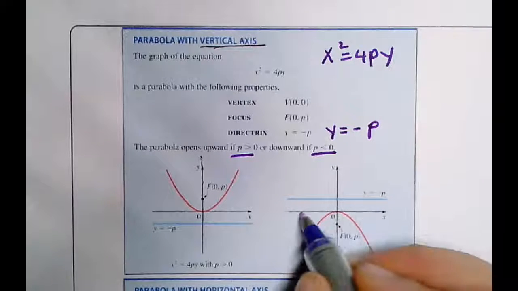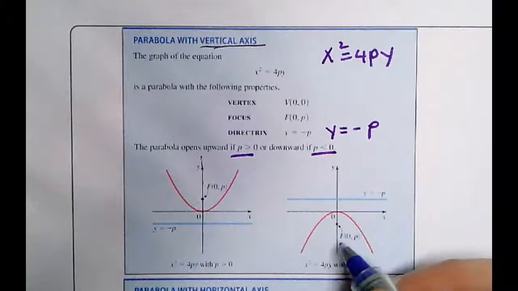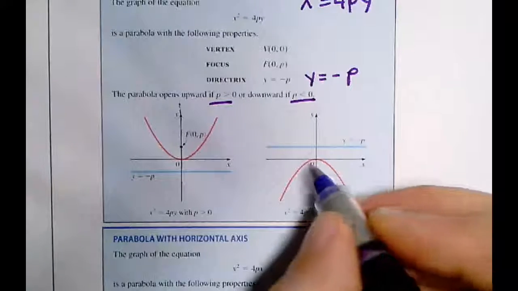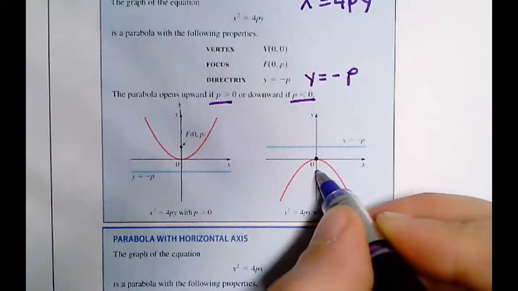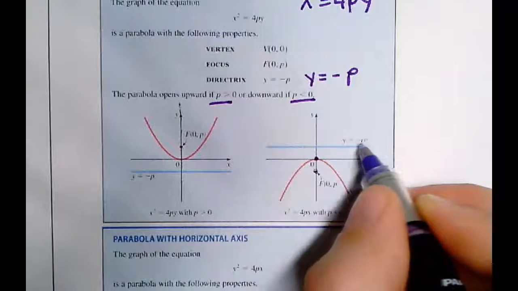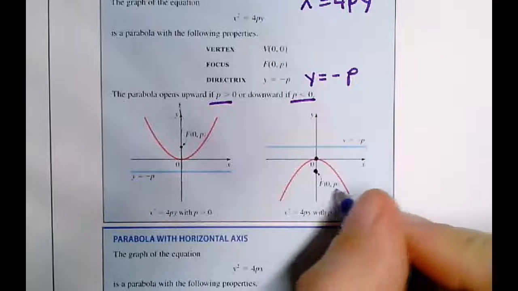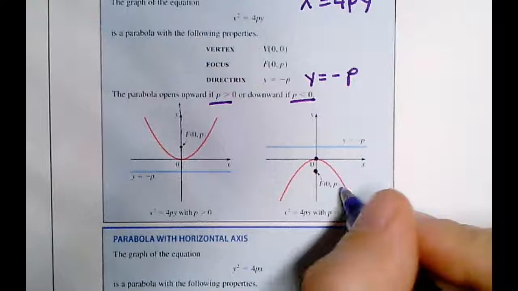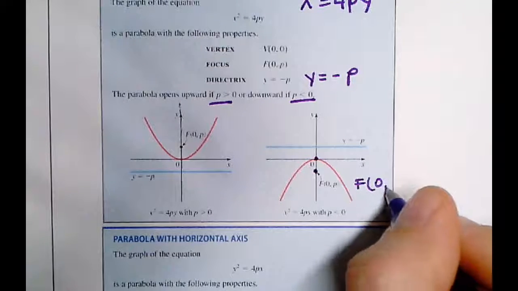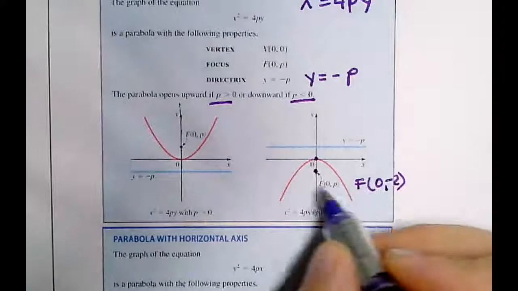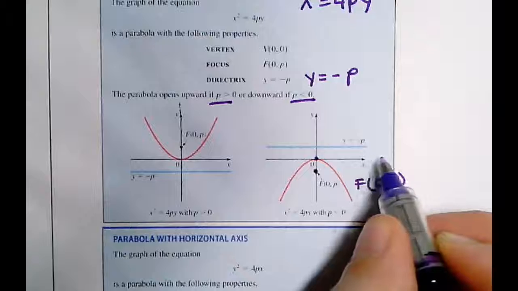So this is your xy plane. And if the vertex is right here, (0, 0), the focus is going to be right here and the directrix is going to be like here. So the focus is still (0, p), but p right here is a negative number. So think about the focus as (0, -2) because it's below the x-axis.